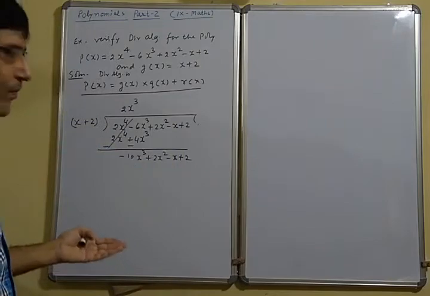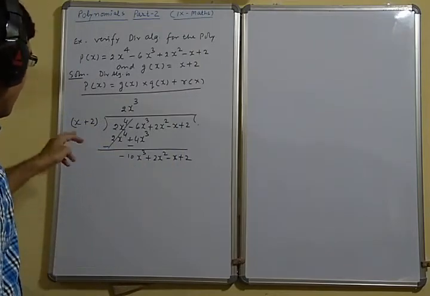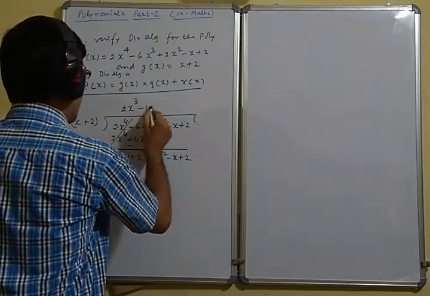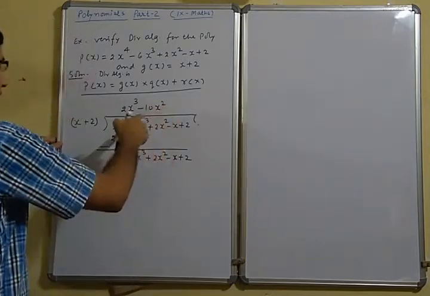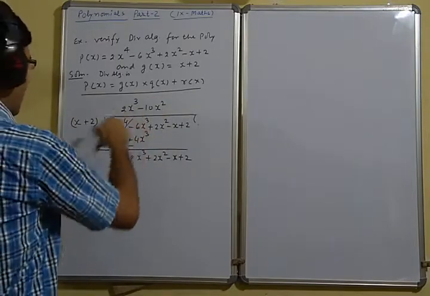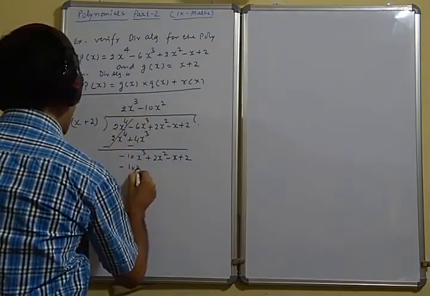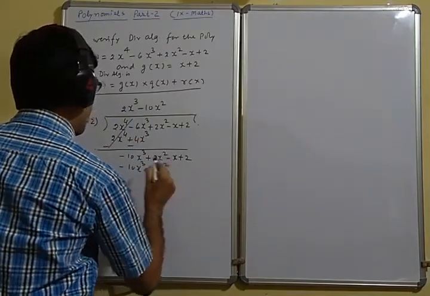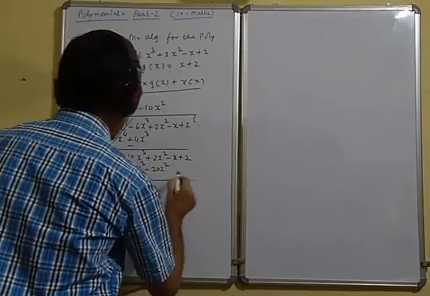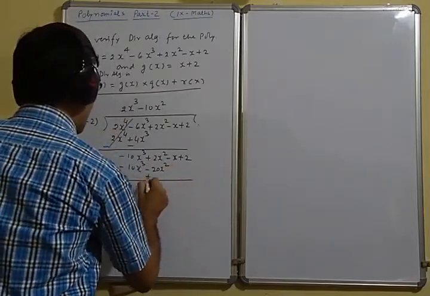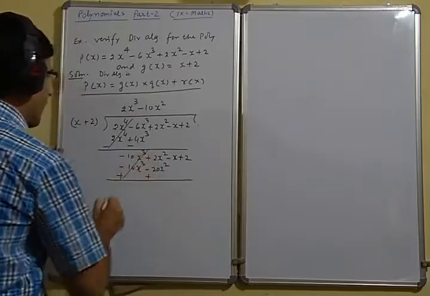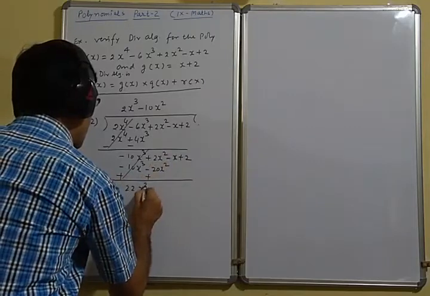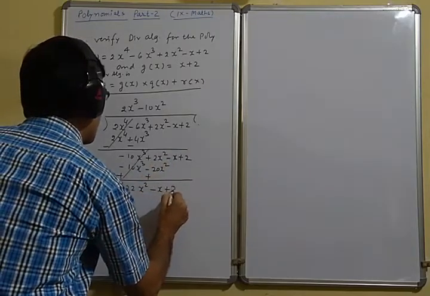And after that, by which term will we divide? Minus 10x cube divided by x, so what will we get? Minus 10x square. The next term is minus 10x square, so it becomes minus 10x cube minus 20x square. Now subtract it; the sign changes and the terms cancel out. Minus 20x square plus 2x square becomes minus 22x square, minus x plus 2.